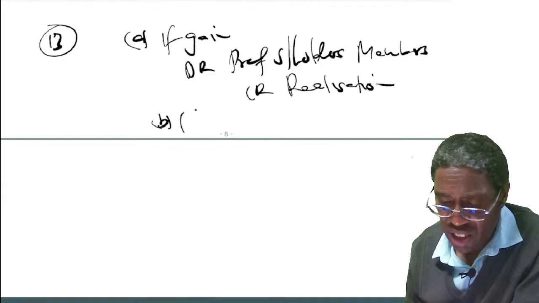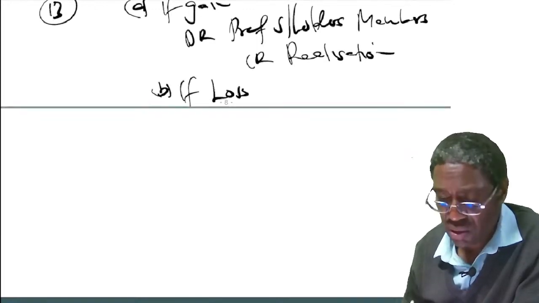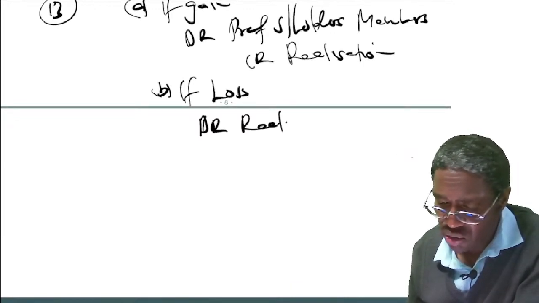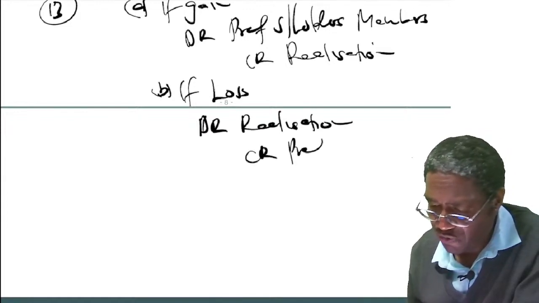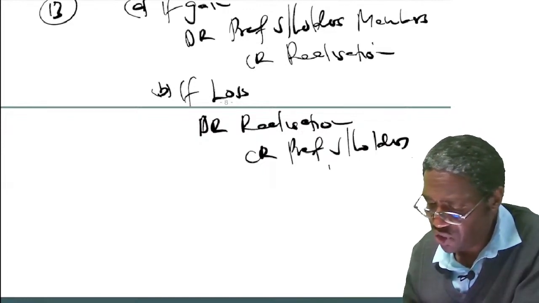Number B, if loss, debit realization, credit preference shareholders members.